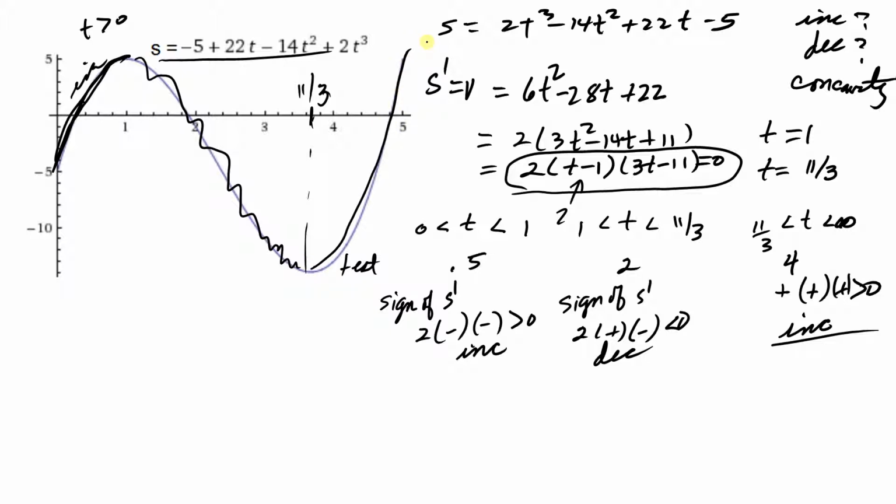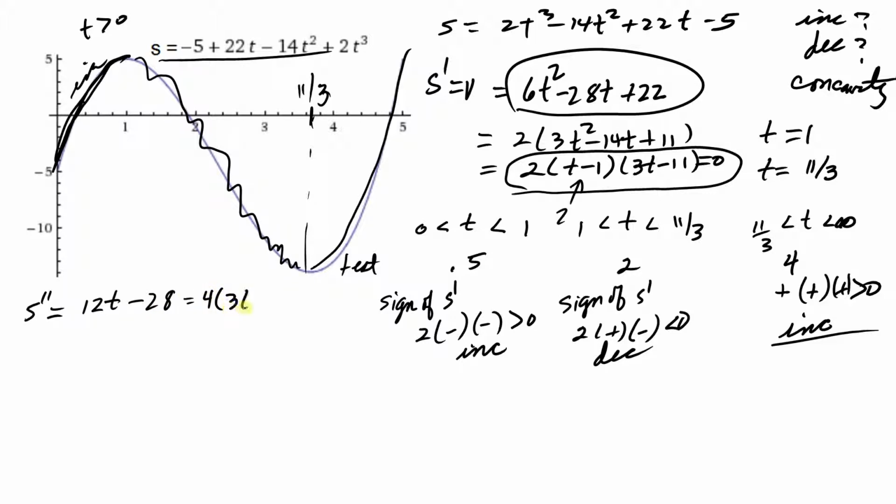Now let's look at the concavity. The second derivative of s, as you can see, is going to be 12t minus 28, which is equal to 4 times 3t minus 7, and it equals 0 at t equals 7 thirds.